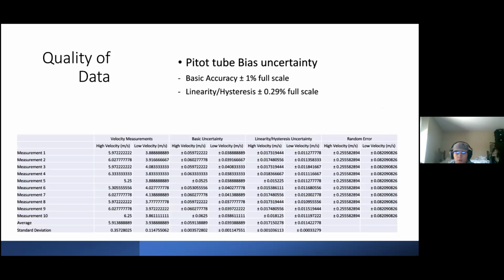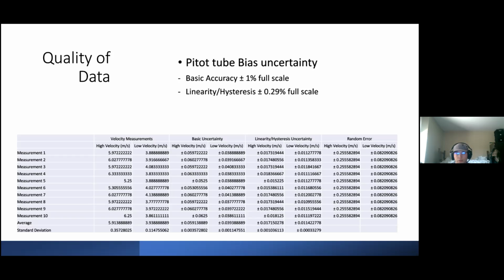So in this slide, we are looking at the measurements that we took for the high velocity and low velocity using the Pitot tube. That has certain specifications from the factory about error. So the basic accuracy is plus or minus 1% full scale, and the linearity uncertainty is plus or minus 0.29% full scale.